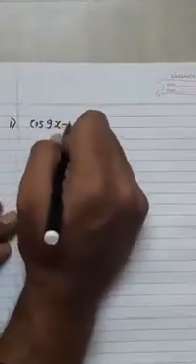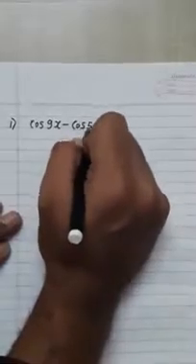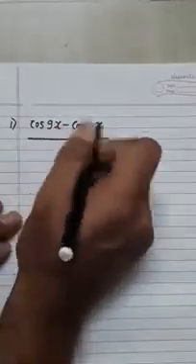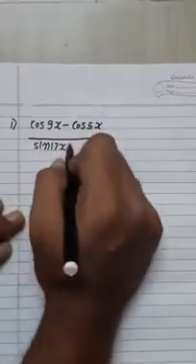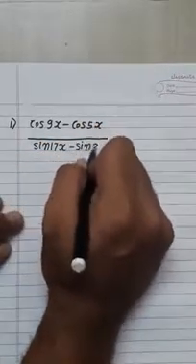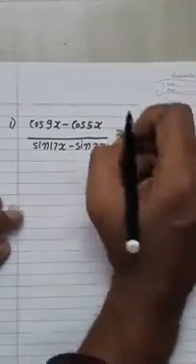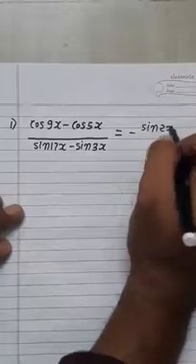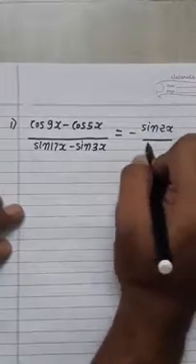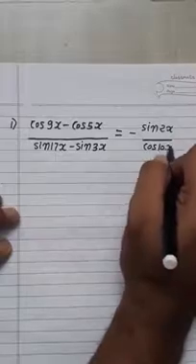First question: (cos 9x minus cos 5x) upon (sin 17x minus sin 3x) is equal to, prove that, minus sin 2x upon cos 10x.